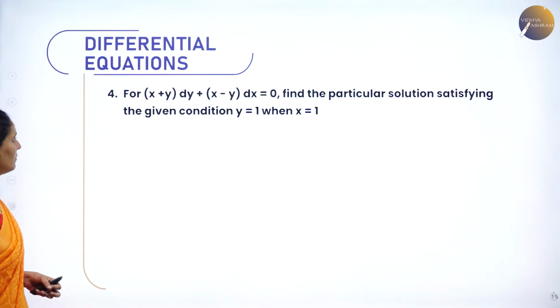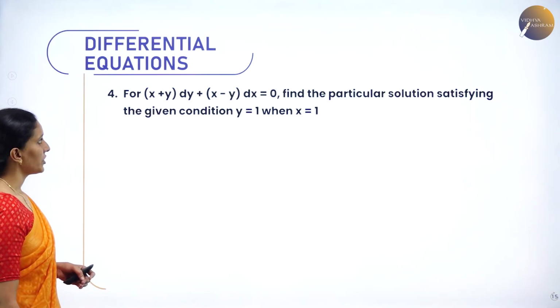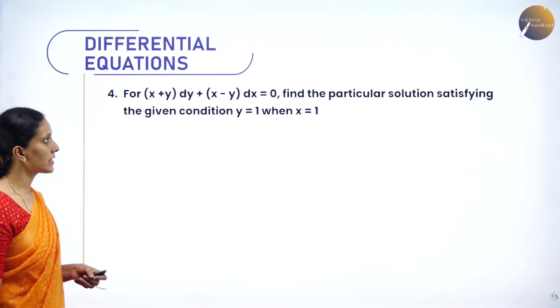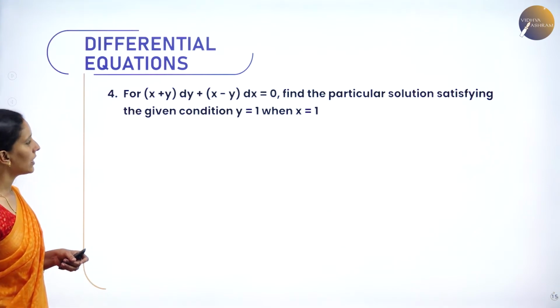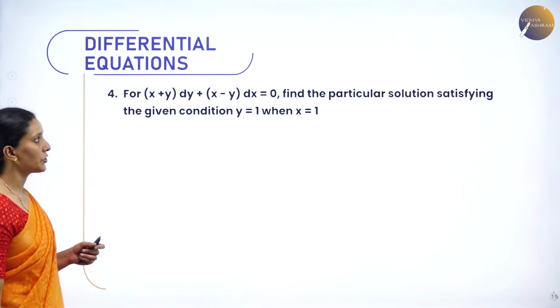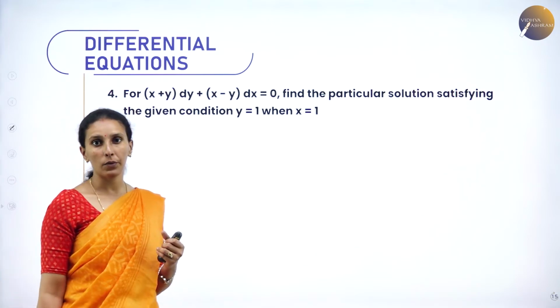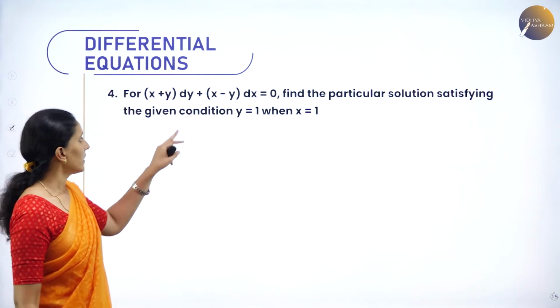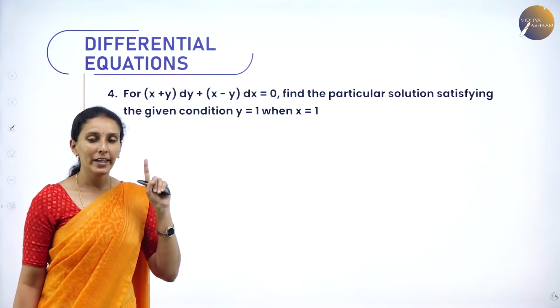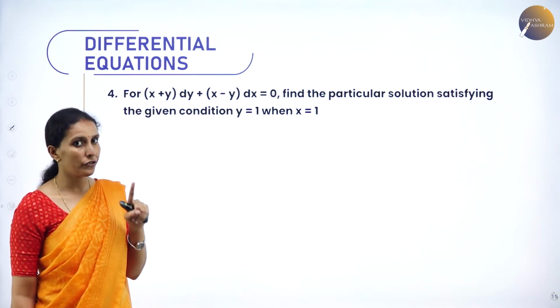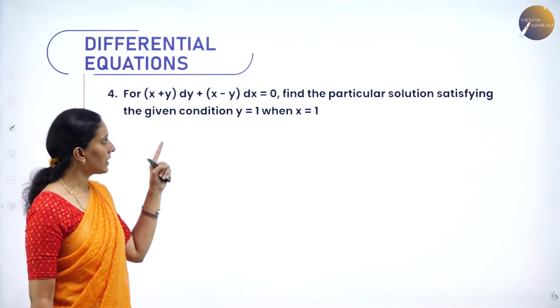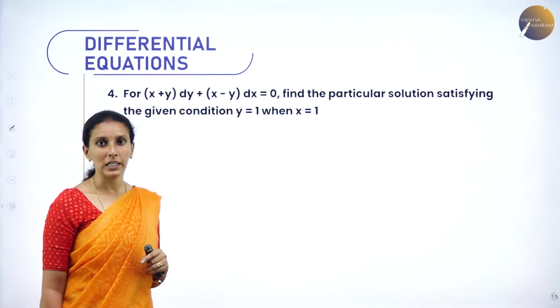Next question we have, for x plus y dy plus x minus y dx is equal to 0, find the particular solution satisfying the given condition y is equal to 1 when x is equal to 1. So here the condition is given for y is equal to 1, x is equal to 1. That means first we need to find out the general solution and apply the values, and then we'll get the particular solution.